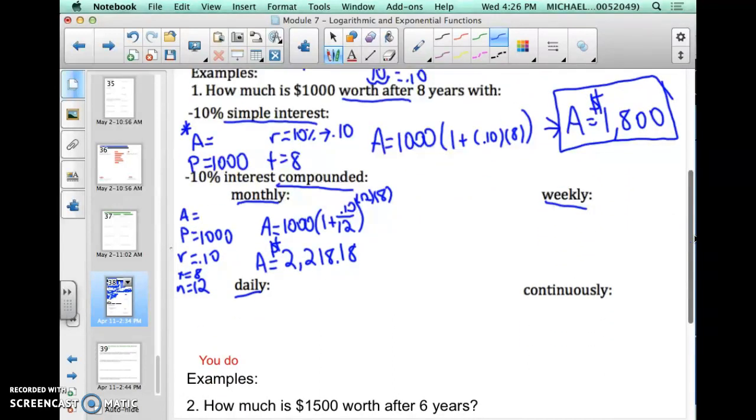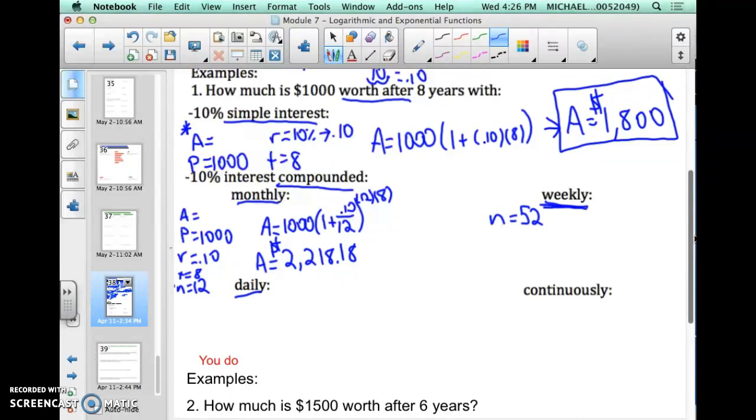Now let's try weekly. If you notice, the only thing that weekly is going to change is my n. Now my n, I'm going to consider how many weeks are in a year, and there are 52. There are 52 weeks in a year.